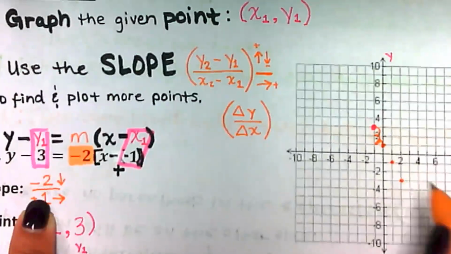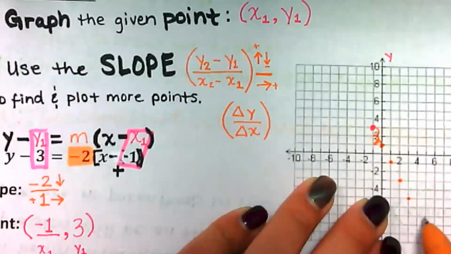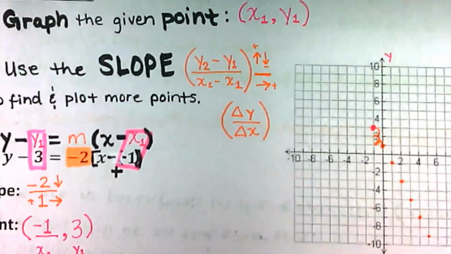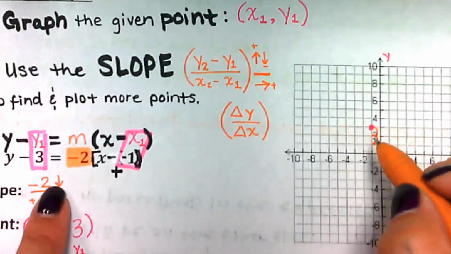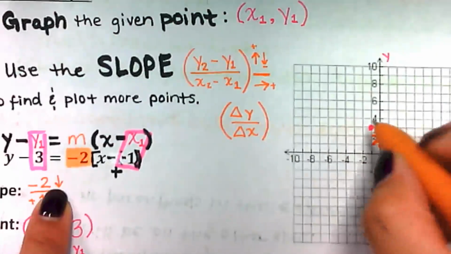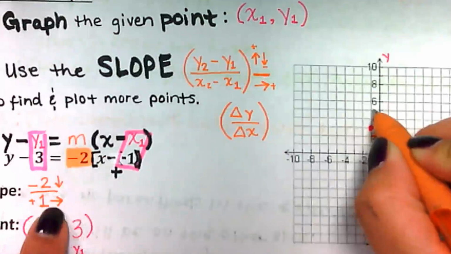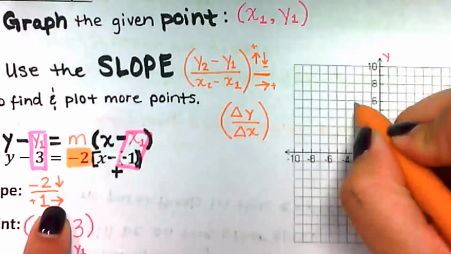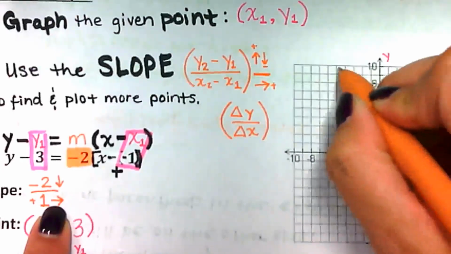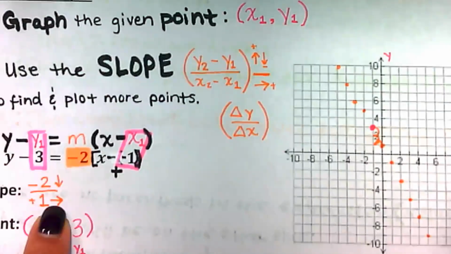All right, down 2 to the right 1, and I'm going to again continue until I run out of space. What would be the way to go backwards? The opposite would be going, rather than down, we're going to go up 1, 2. And the opposite would be to the left. Ta-da!